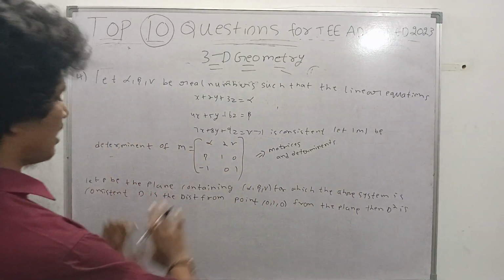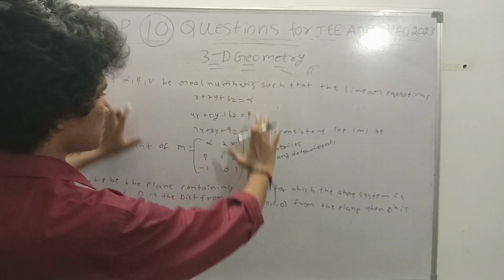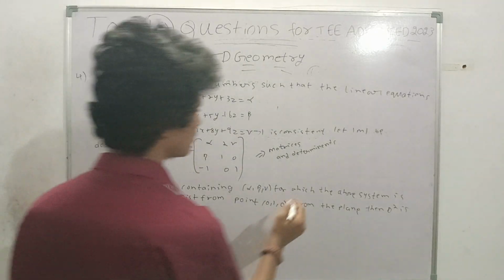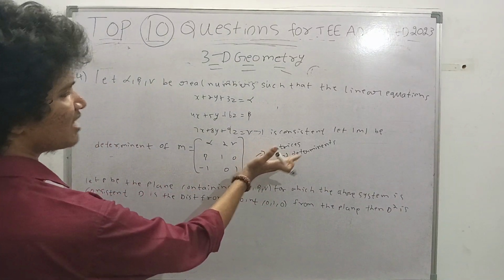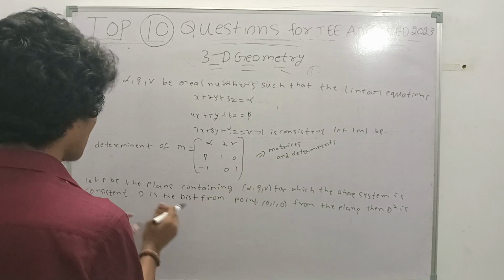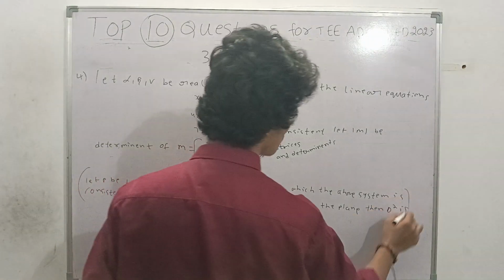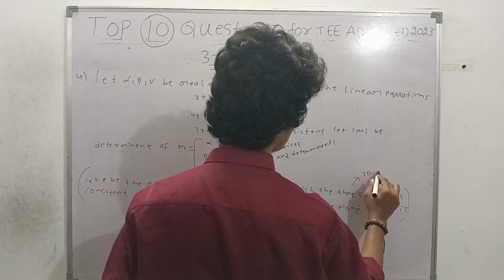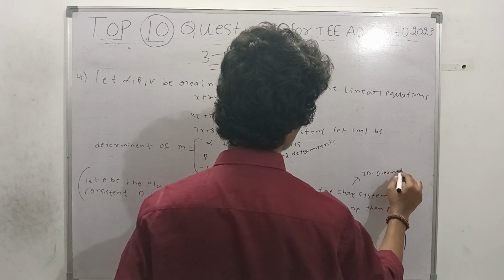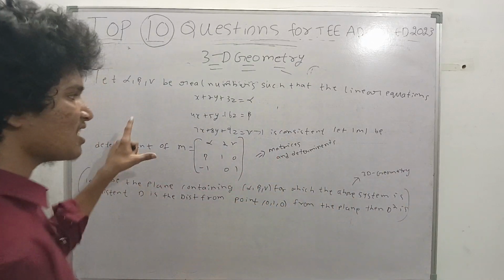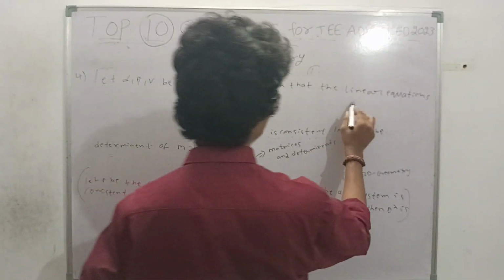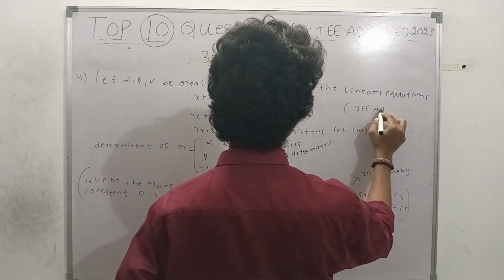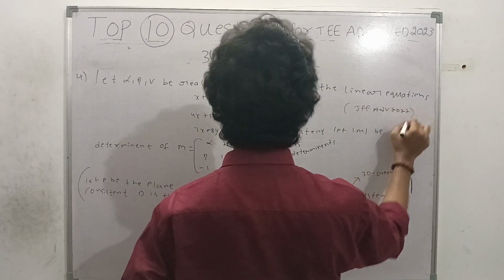So I can make the calculations here. After completing these parts I can rub out what is not needed. Up to this it is matrices and determinants, and after this it belongs to 3D geometry. So in JEE Advanced such mixed questions will come, and this question is a JEE Advanced 2022 question.